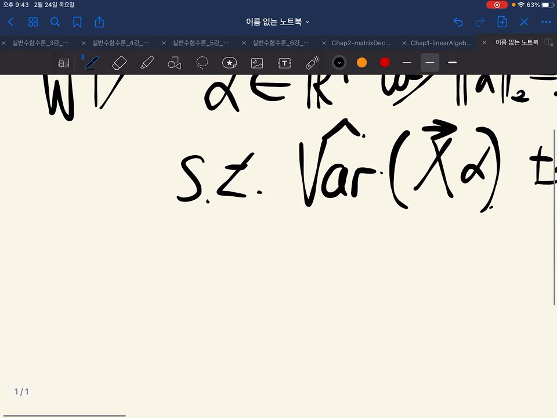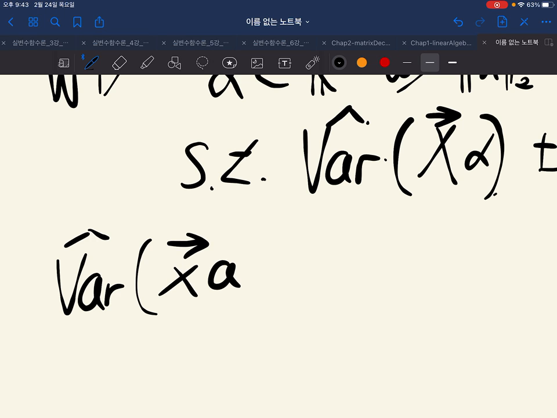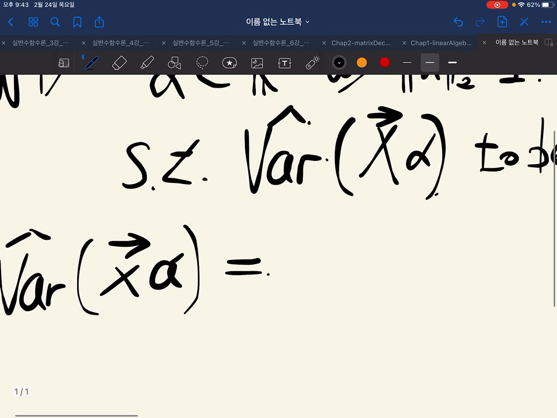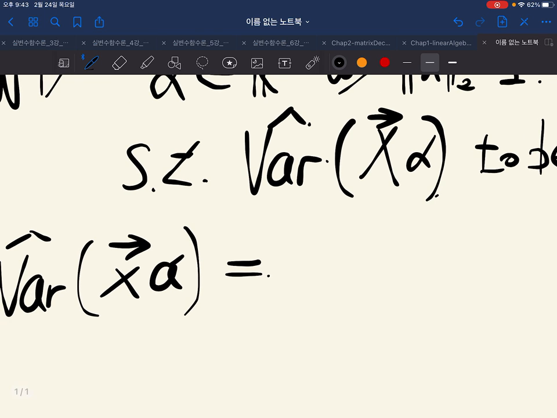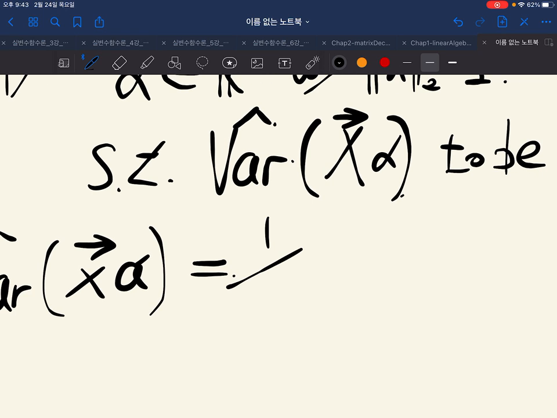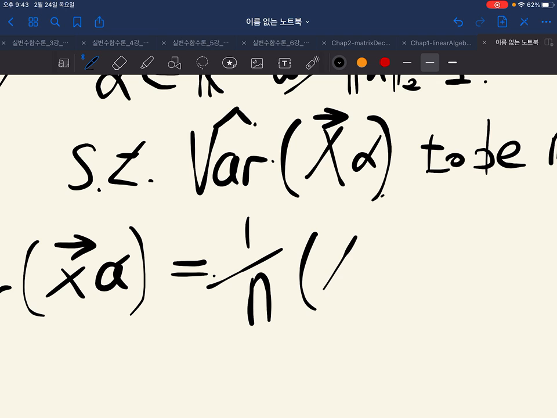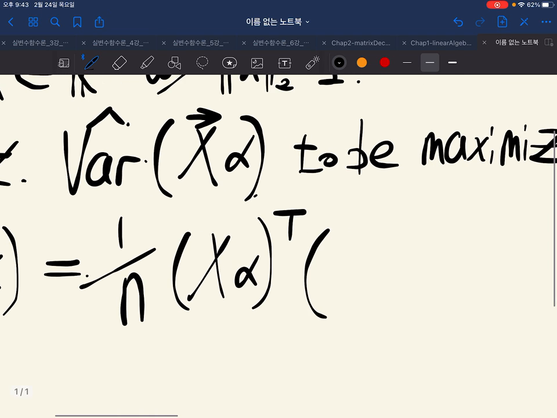If we think of the sample version, it can be written as 1 over n of X alpha transpose and X alpha.